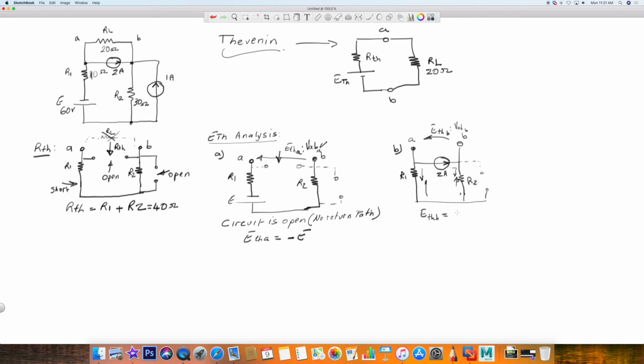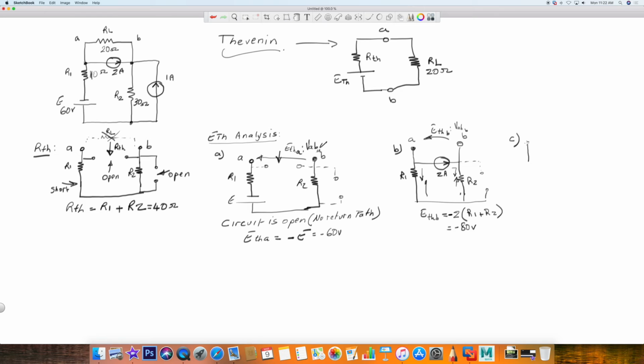Which leads us to minus 2 amp times R1 plus R2, since we're always looking vis-a-vis VAB. Okay, just filling in the values for A and B parts.